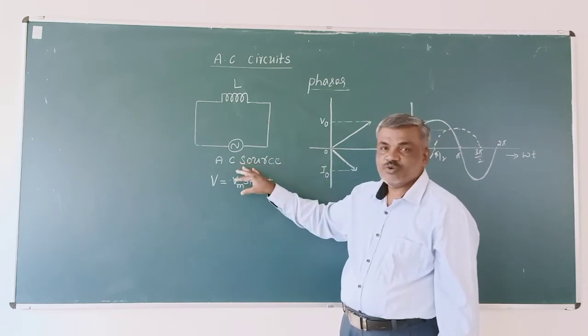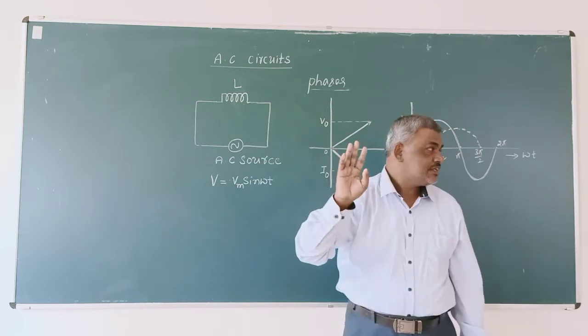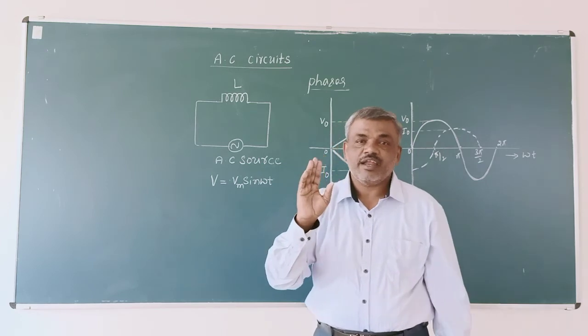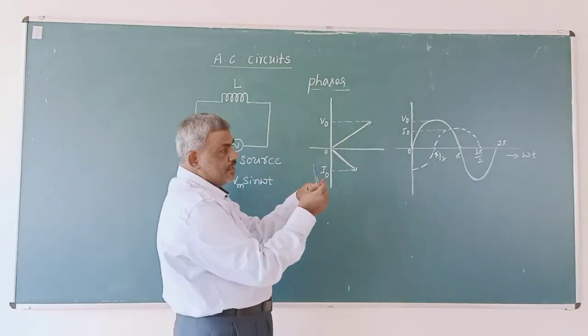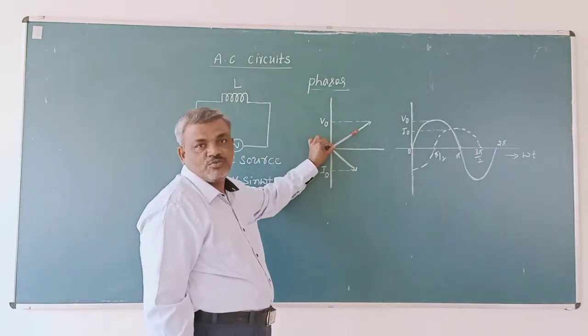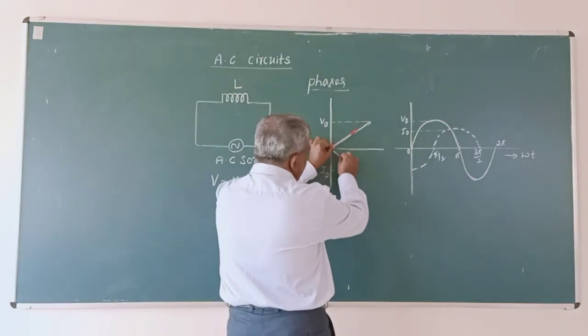The alternating current passes through a pure inductor. In that circuit, what is the behavior of the voltage and current lines? Here the red color indicates voltage and the blue pen indicates current.